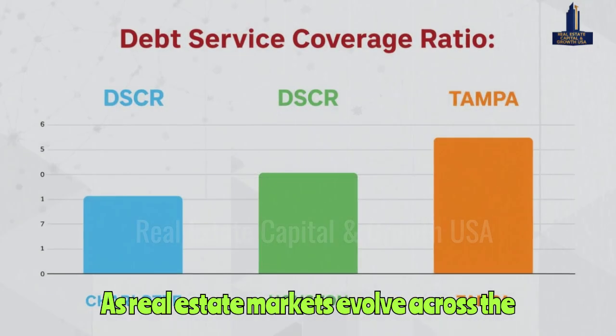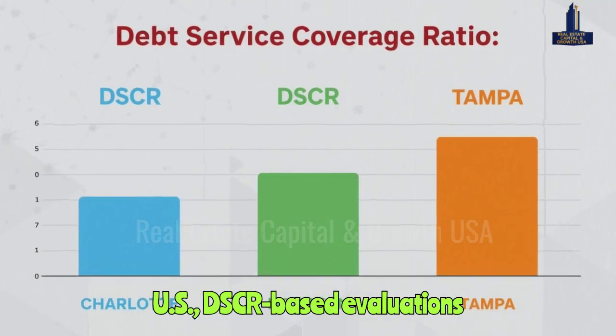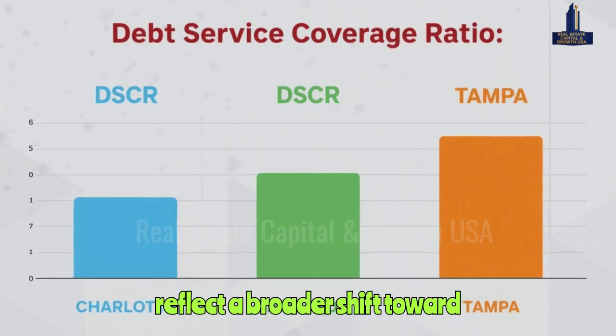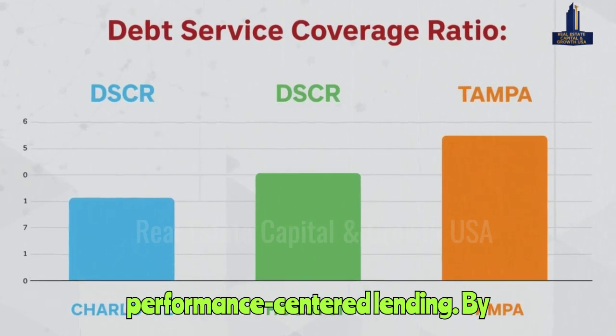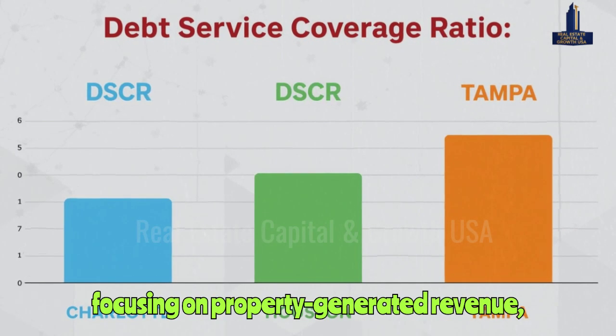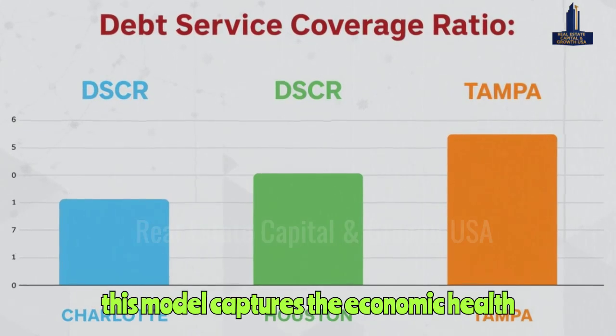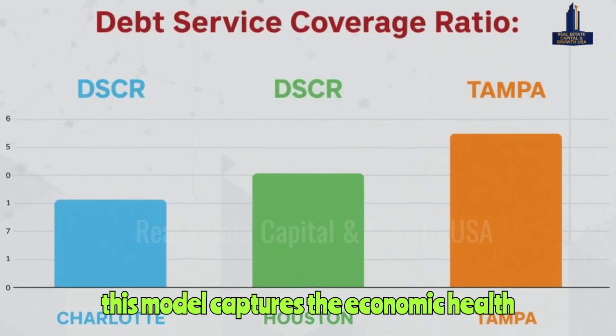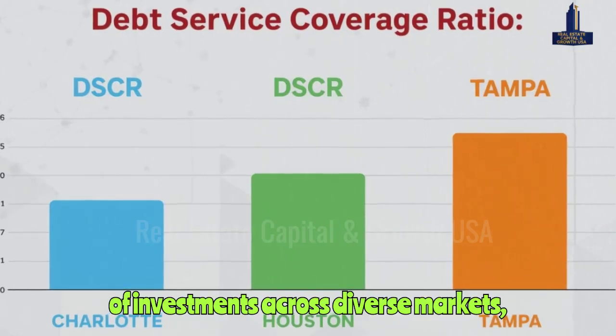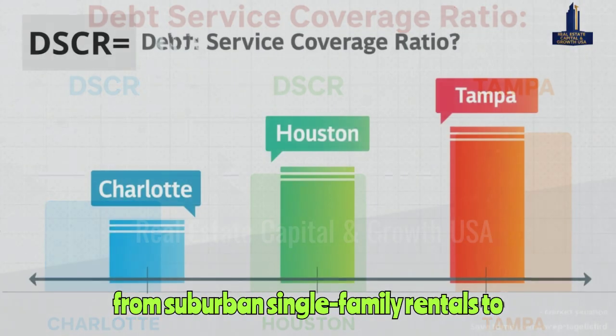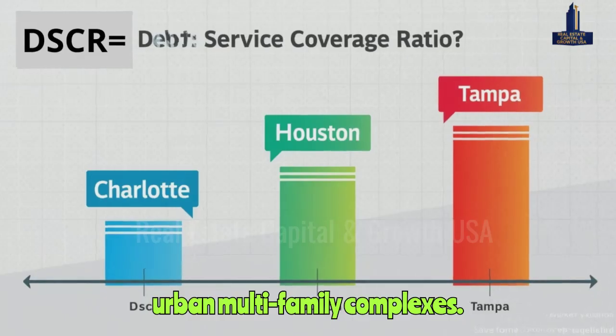As real estate markets evolve across the U.S., DSCR-based evaluations reflect a broader shift toward performance-centered lending. By focusing on property-generated revenue, this model captures the economic health of investments across diverse markets, from suburban single-family rentals to urban multifamily complexes.